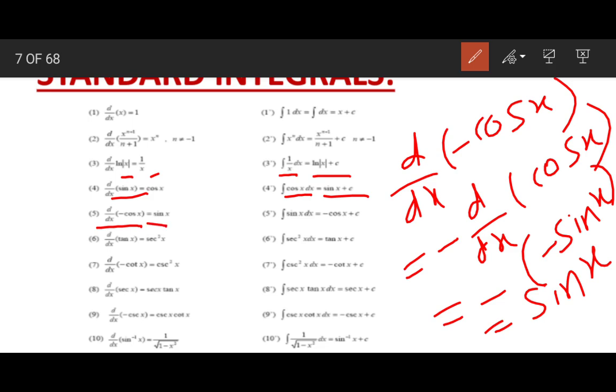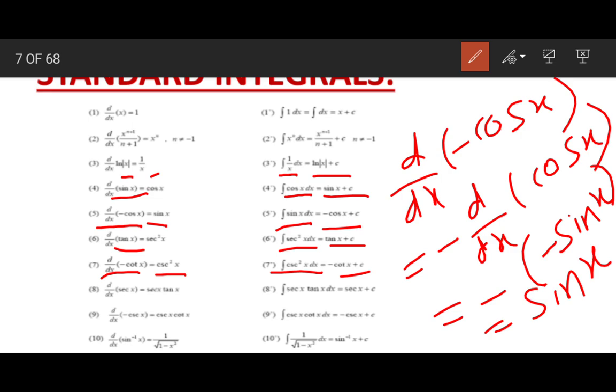Hence integral of sin x is minus cos x plus c. Similarly, derivative of tan x is sec square x, and hence integral of sec square x dx is tan x plus c. We know that derivative of minus cot x is cosec square x, and hence integral of cosec square x dx is minus cot x plus c.